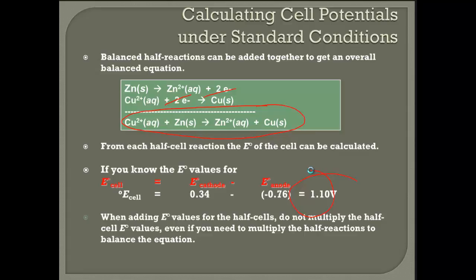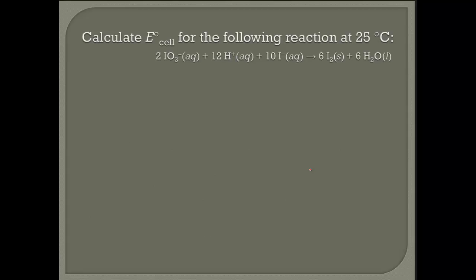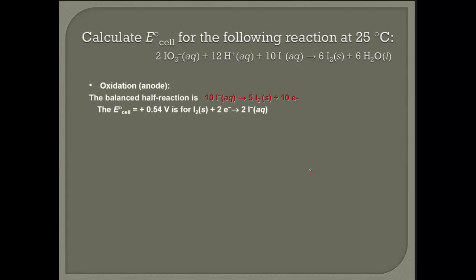Alright, so let's take a look at this one. Let's figure out what's being oxidized and what's being reduced. First of all, that I minus is going to the I0. This one is being oxidized. It's losing electrons.